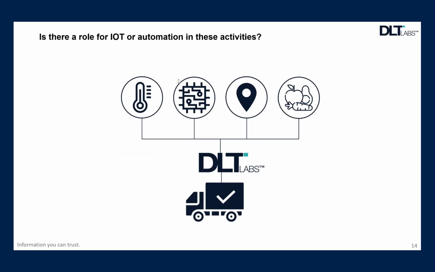Sure thing. Thanks, Melanie. IoT data is absolutely critical to the process here. It's used in a variety of ways. It is enabling the automation of a proof of delivery, or POD.